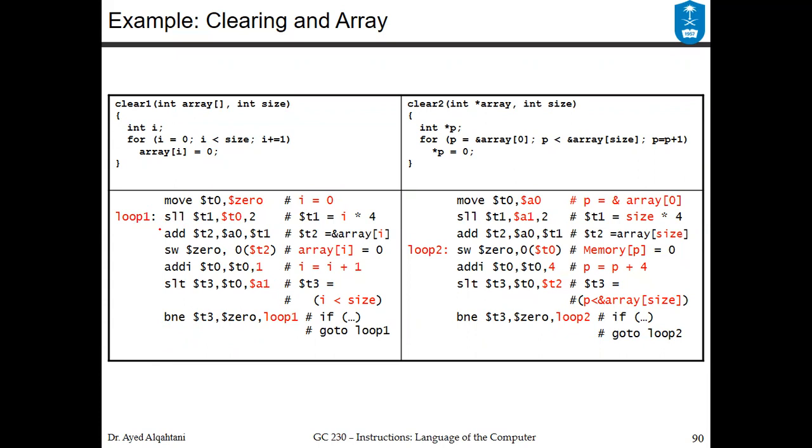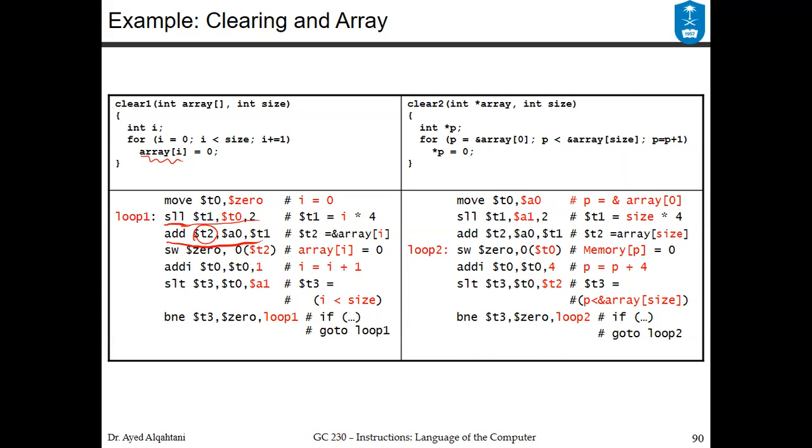Now, what happens here, you prepare the array of I by doing the shift left logical. You multiply the index I by 4, followed by add to add the index I to the array base register, which is A0. And then you have T2 already calculating the index or the offset added to the base registers.